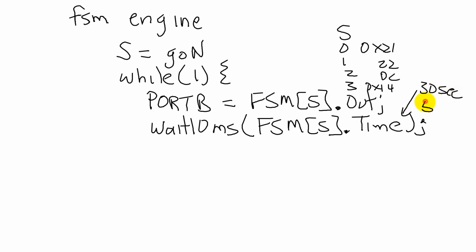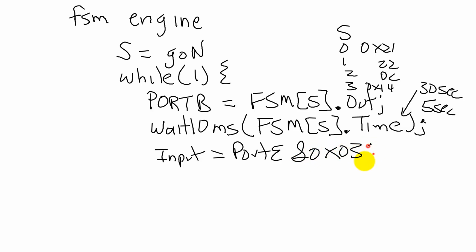And the wait time is a function of the state that I'm in. Now I got to do my input, so I will read my input from port E, okay, and I want the bottom 2 bits, 0x03, and so now you know I have a number which is 00, 01, 10, 11 from the bottom 2 bits.